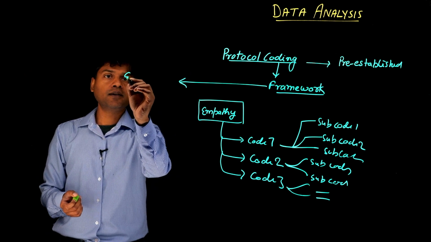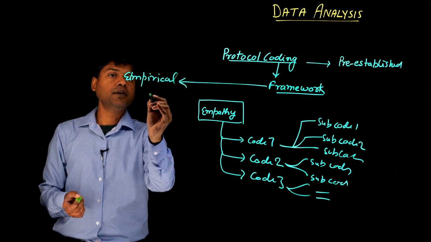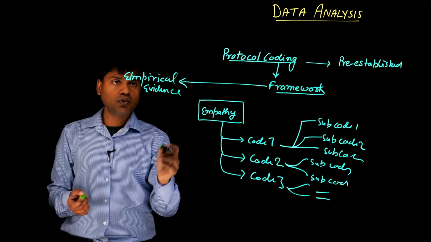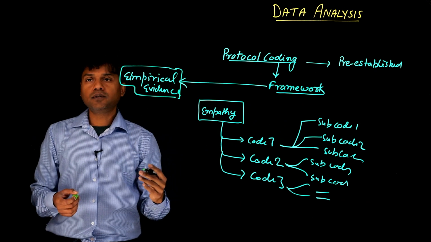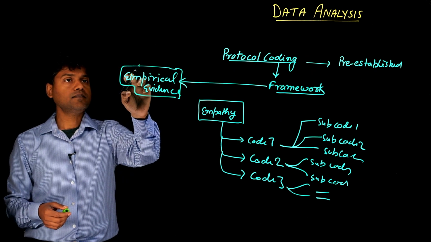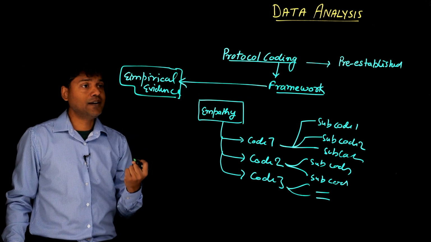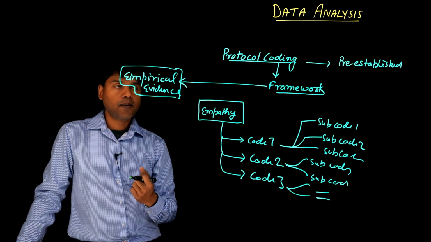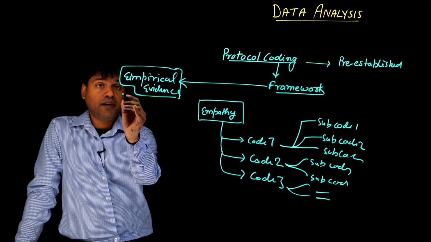It needs to have some empirical evidence of why and how these codes are important to capture this particular phenomenon or experience. So it has to have some research base. When you develop a coding framework, it has to be empirically based.